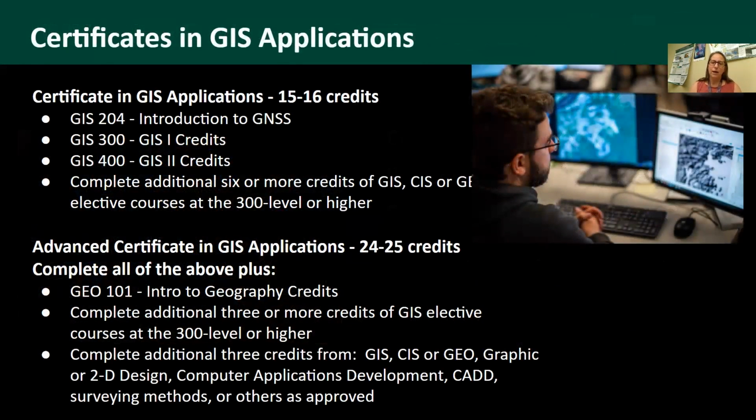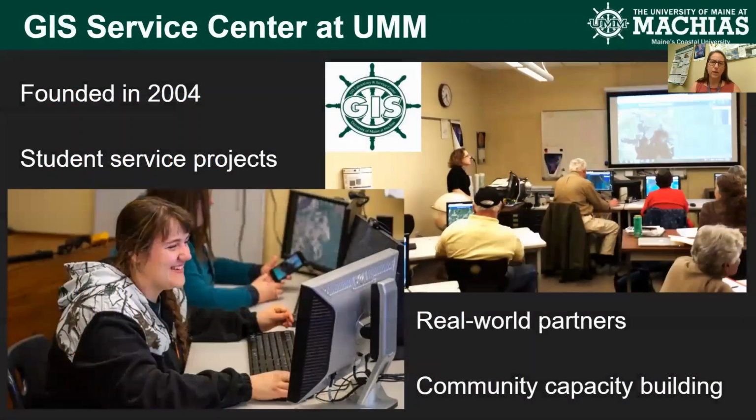Many folks have gone through our GIS application certificate programs. We have 2, and again, they're stackable. So we have just a standard certificate, which is 15 to 16 credits. Typically, people finish that in about 2 to 3 or 4 semesters. It depends on how many classes you want to take at once. And then you can add a few more classes on top of that to get our advanced certificate.